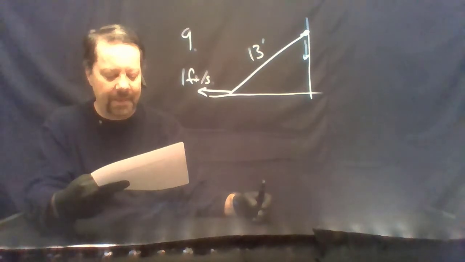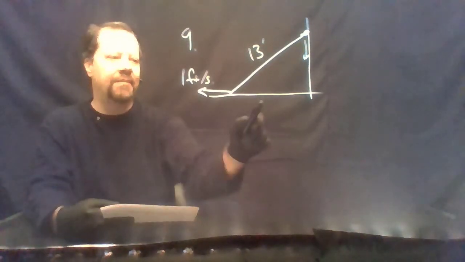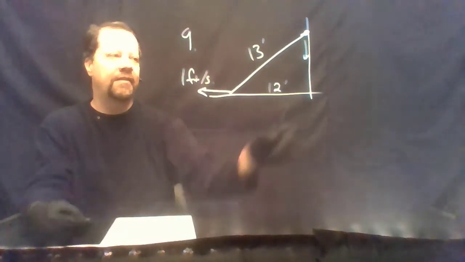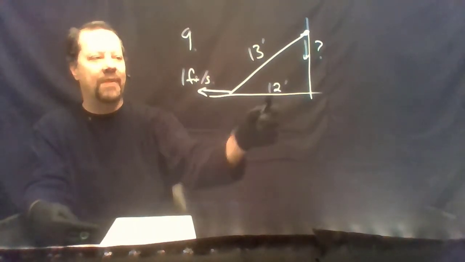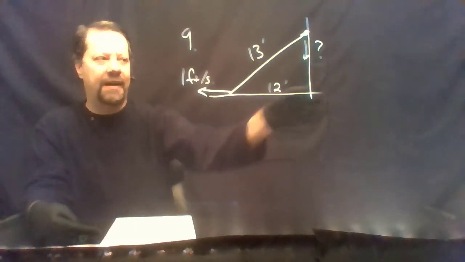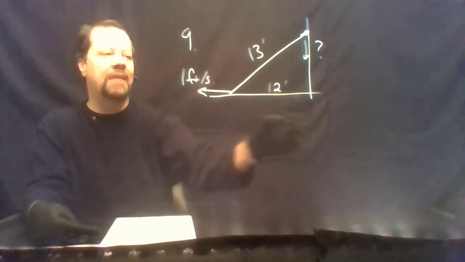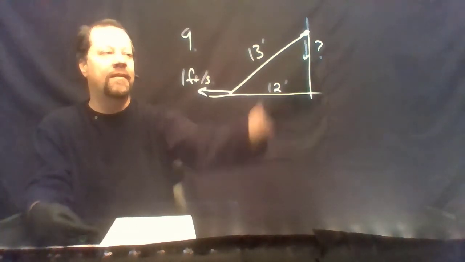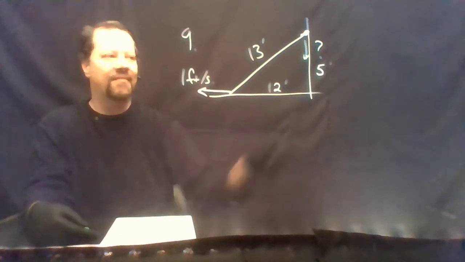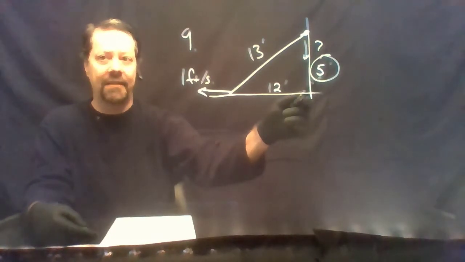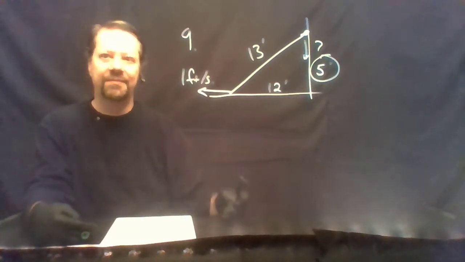How fast is the top of the ladder moving when the bottom is 12 feet from the wall? Remember, we have a Pythagorean triple, 5, 12, 13. So when the bottom of the ladder is 12 feet from the wall, the top will still be 5 feet up the wall. We're using the Pythagorean theorem to figure out this value.